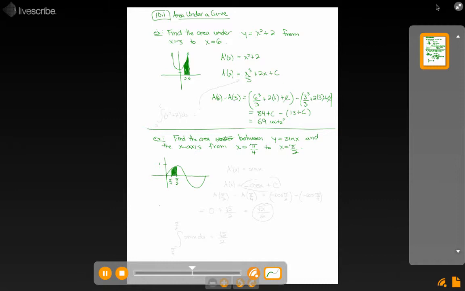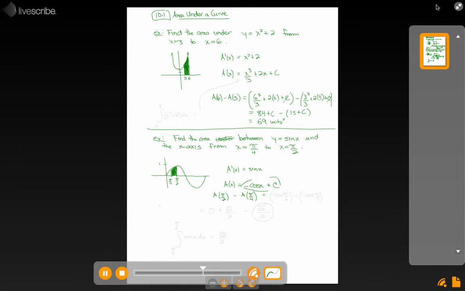But basically I know that A prime is equal to sine x. So the area function is equal to negative cos x. And I'll put the plus c just to stay in good habits. I know that the c is going to cancel out when I evaluate this, because what I'm going to do then is say, well, my area is A of pi over 2 minus A of pi over 4.